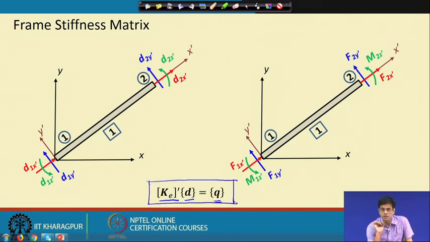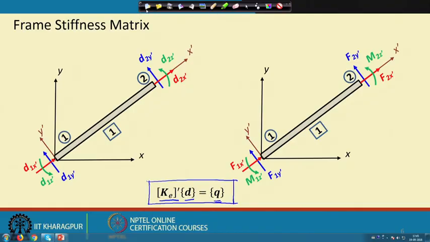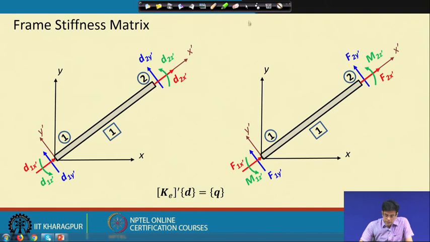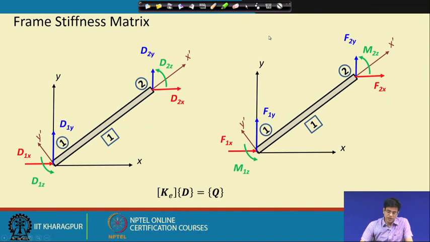We know this very well. Now, similarly, we can have a global equilibrium equation, or global force displacement relation, through the stiffness. So, that also we will see. Let us see the force displacement relation in the global coordinate system.